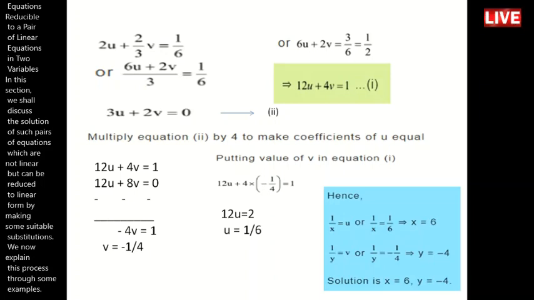So this is the solution of this system of equations which were not in the form of linear, but now we have reduced them and got x is equal to 6 and y is equal to minus 4.